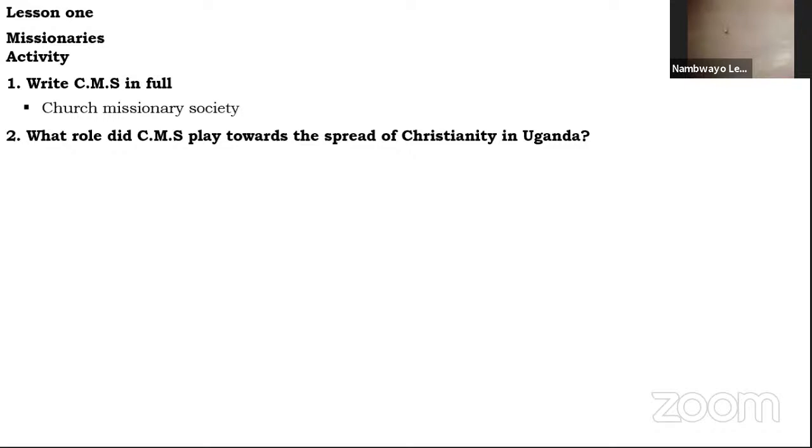What role did the Church Missionary Society play towards the spread of Christianity in Uganda? Okay. So the question was, what role did the Church Missionary Society play towards the spread of Christianity in Uganda?